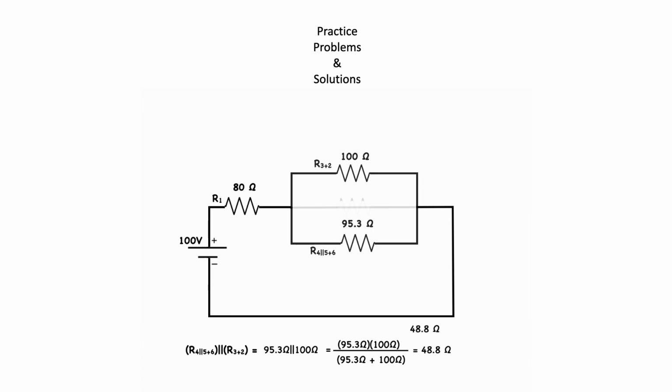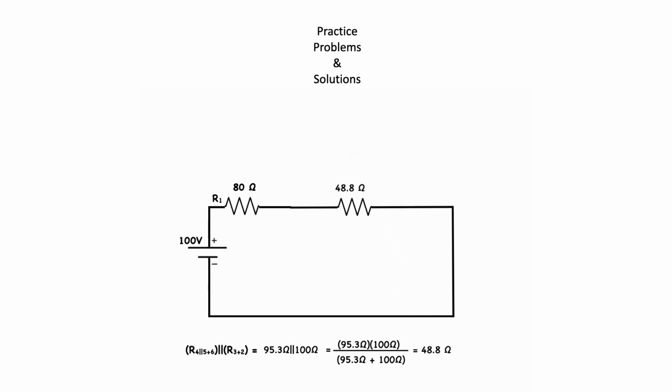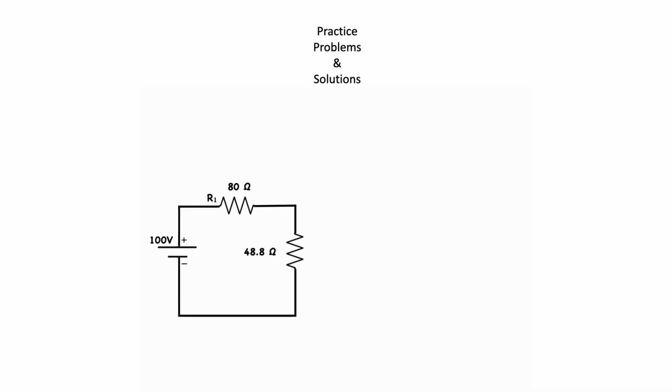We can now redraw the equivalent circuit to look like this, or more compactly, like this. So the total circuit resistance is RT, which is equal to 128.8 ohms.